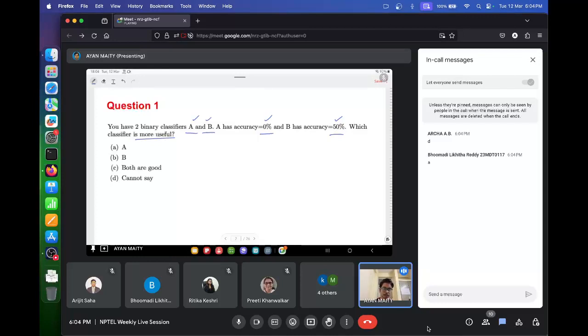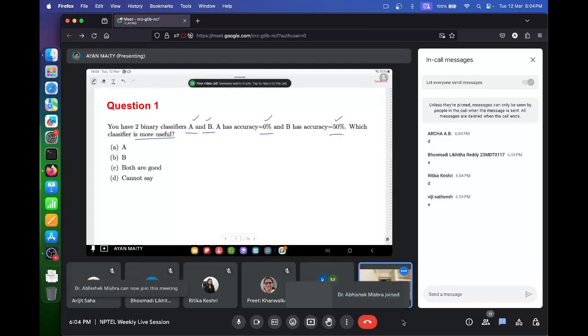Archa says option D. Bhumadi Likhita Reddy says option A. Ritika Kesri says option D. VG Satish says option A. Any other answers?